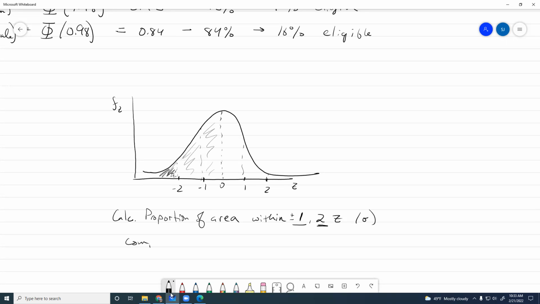And then compare this with the empirical rule. That's ultimately what I'm interested in having you do. Does that make sense? Okay.